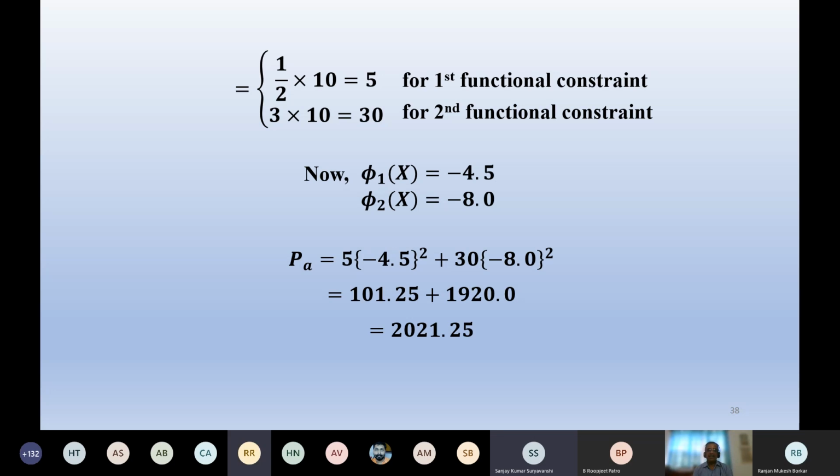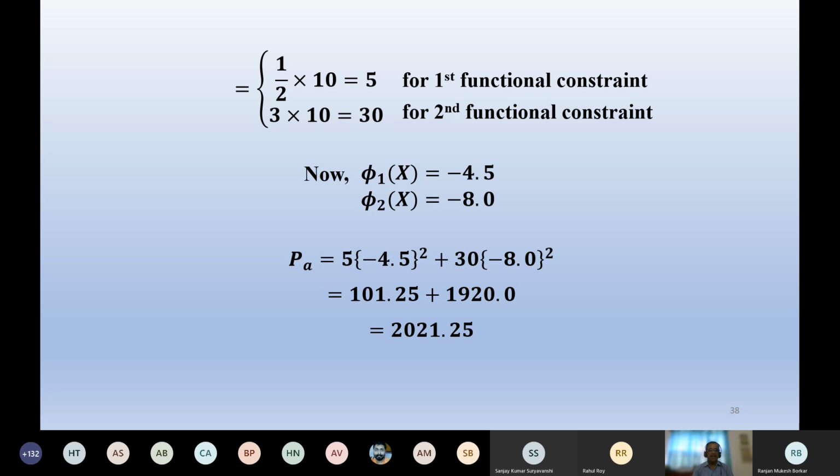Sir, could you please once more explain how we take the values of beta 1 and beta 2 for calculation of the adaptive penalty? Beta 1 and beta 2 are user-defined numerical values, but there are some conditions to be fulfilled. Beta 1 is not equal to beta 2.